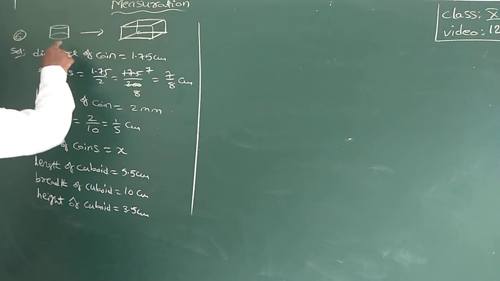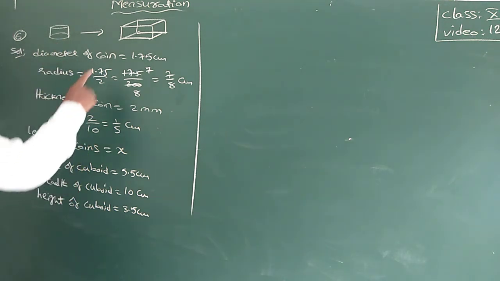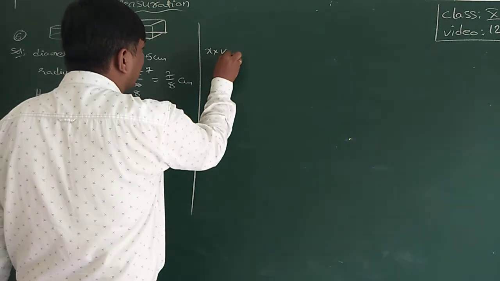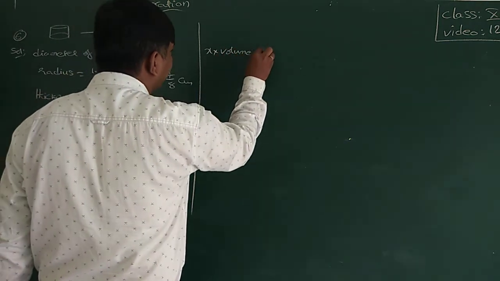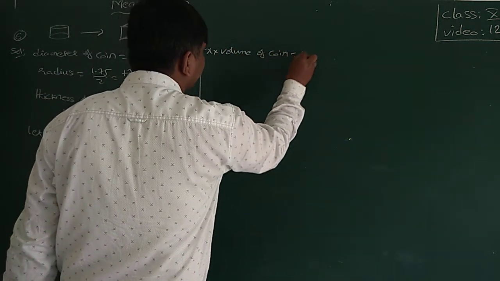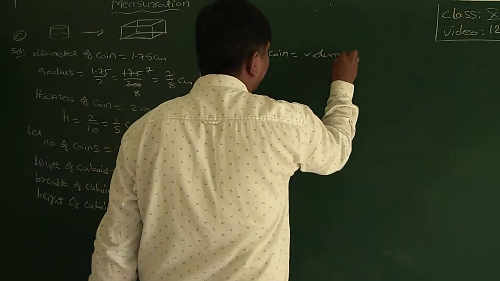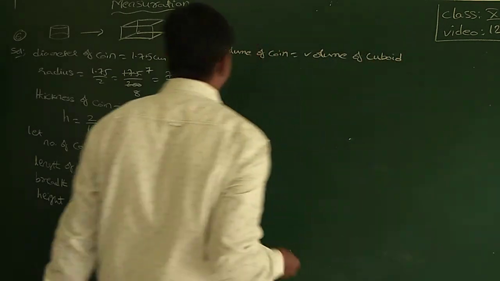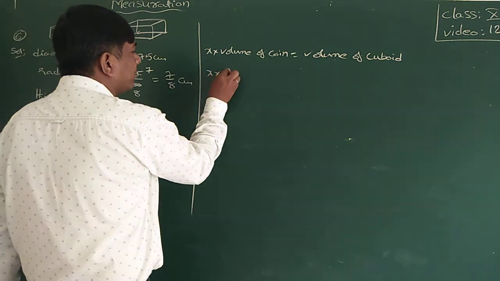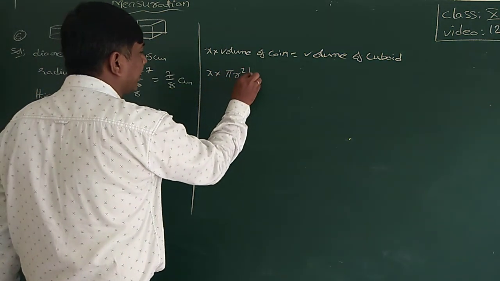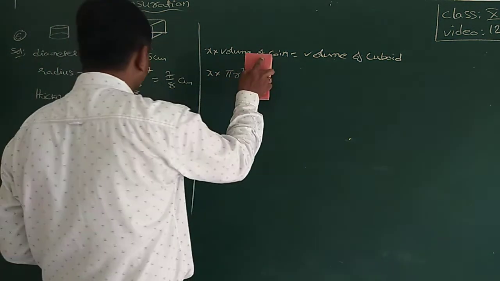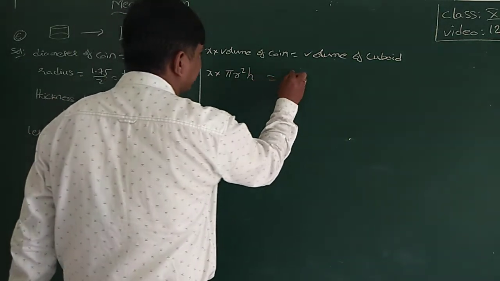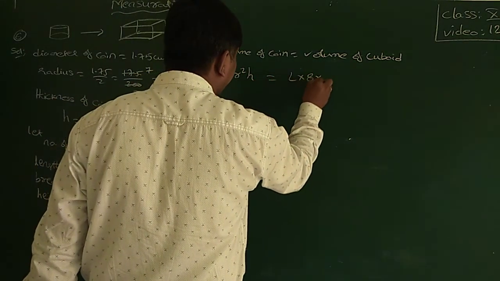Now, x number of coins you are melting and making into a cuboid means x into the volume of a coin is equal to the volume of the cuboid. The volume of a coin is pi r square h, equal to L into B into h.